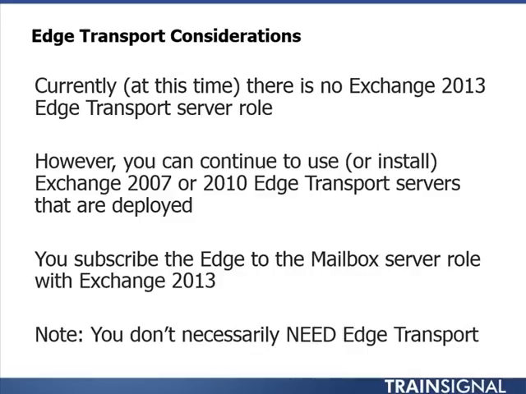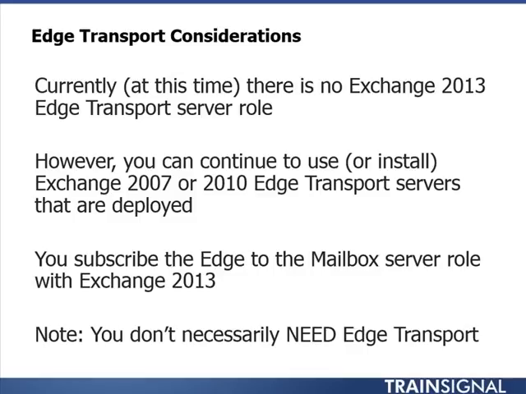Typically, the Edge Transport server is used to protect your organization from spam, as well as to enable the ability to have certain transport rules on that Edge Transport server that you can utilize to ensure that mail is going in the direction it needs to be, or mail is dropped when you don't want it to come into your organization, and so forth. So the transport rules are a little bit different on the Edge Transport server because of the functionality there on the perimeter.